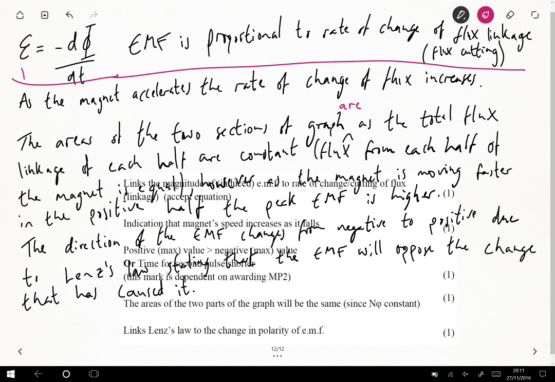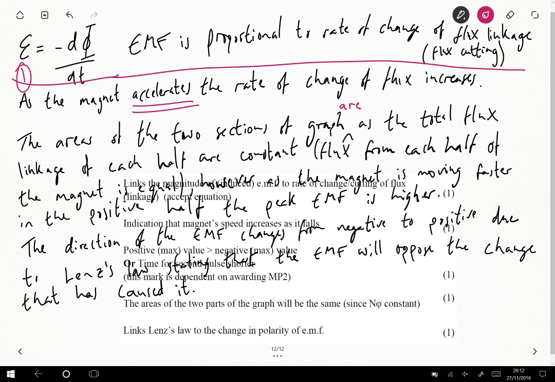That's the first part done. As the magnet accelerates, the rate of change of flux increases, so as the magnet speed increases as it falls. So I'm talking about it accelerating.